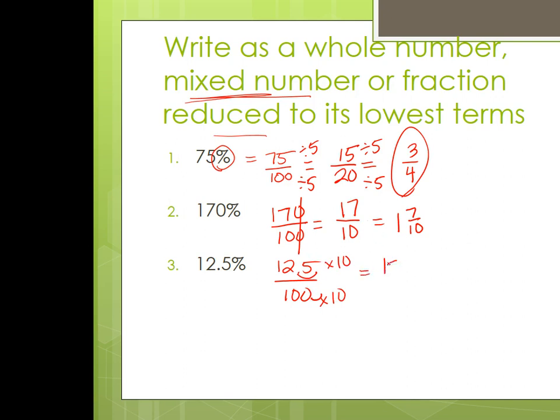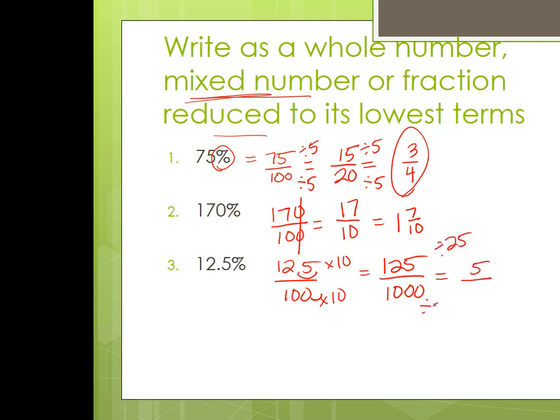So you get 125 over 1,000 because you can't just multiply the numerator by 10. Whatever you do to the numerator, you have to do to the denominator as well. And now you can reduce this. These both reduce by 25. If you divide this by 25, you get 5.